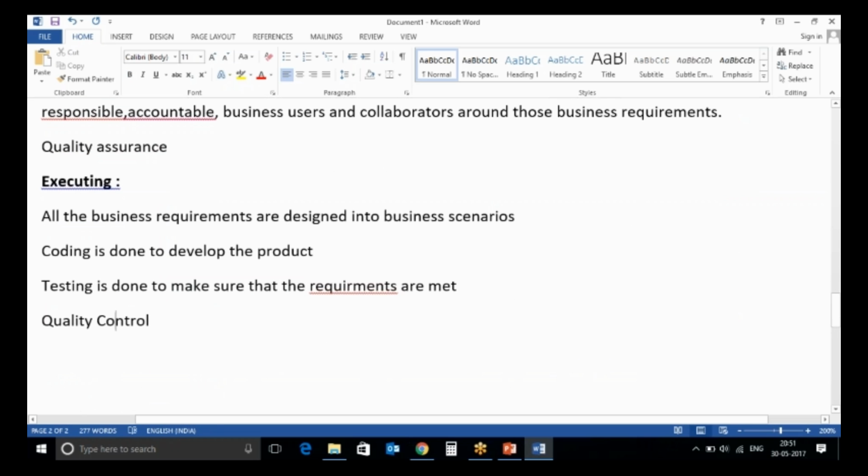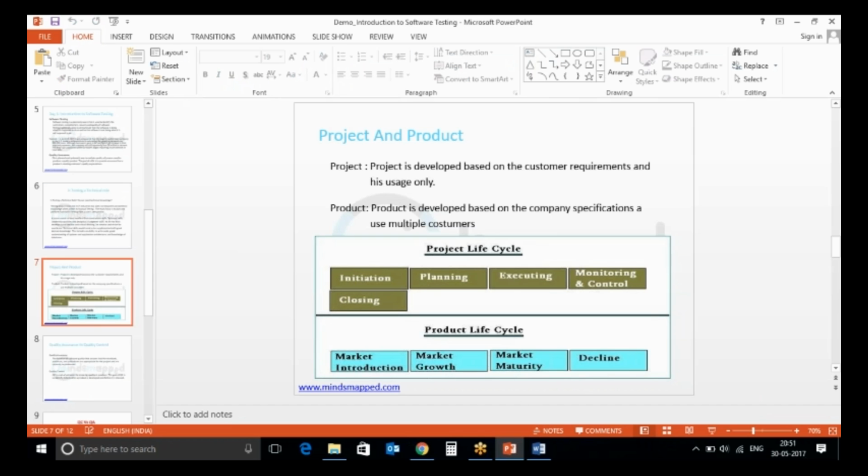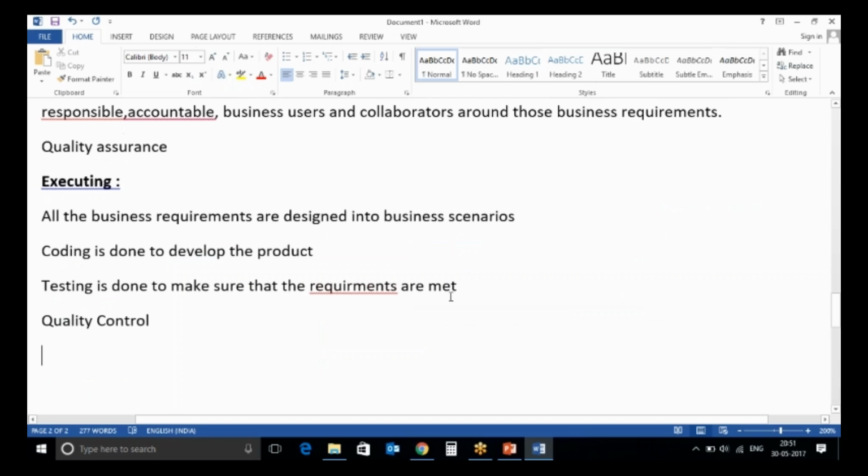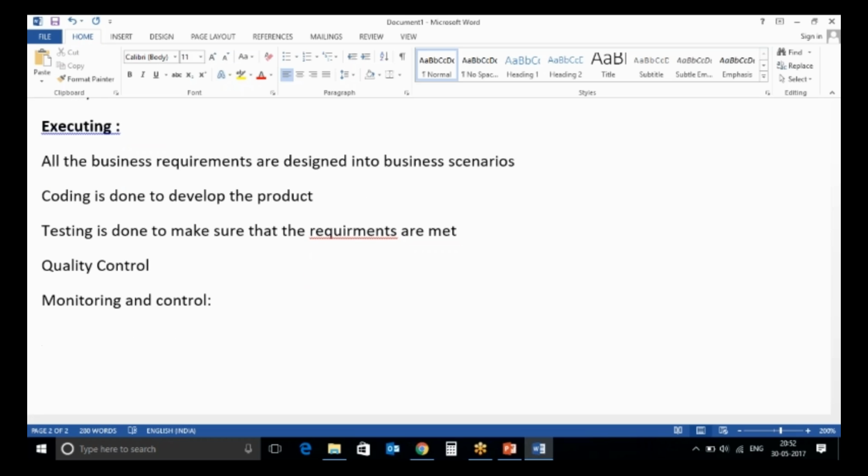Okay, so this is the executing phase of a project. And then comes monitoring and control. This is where the UAT happens.